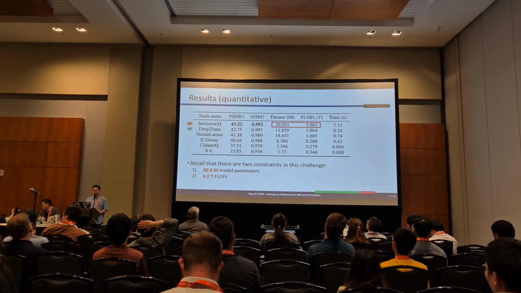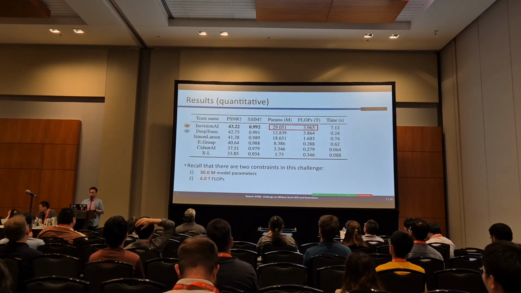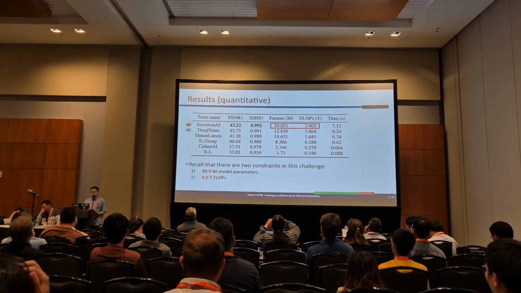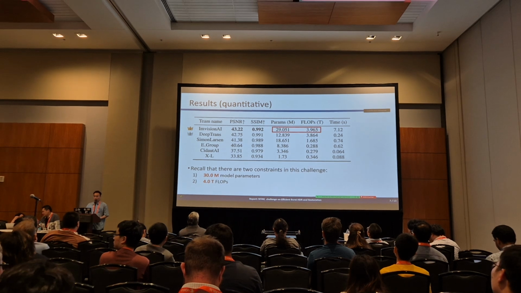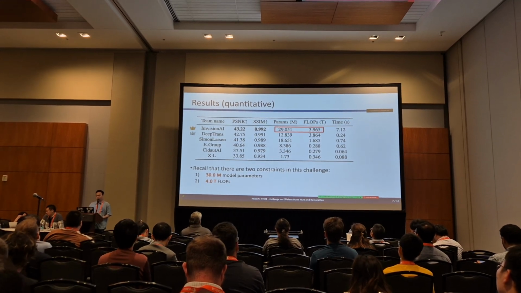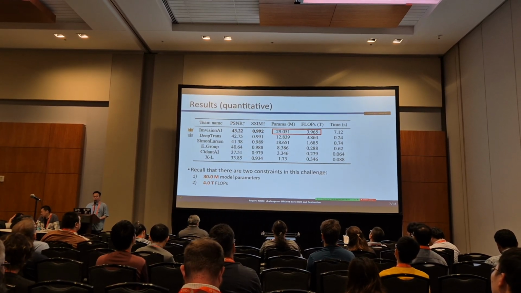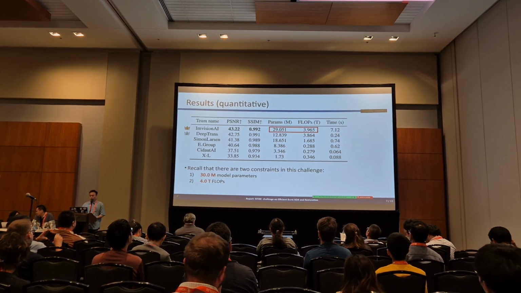Let me first show the quantitative results. The first team, Envision AI, recorded the highest PSNR value, which is 43.22, and also reached the highest SSIM.